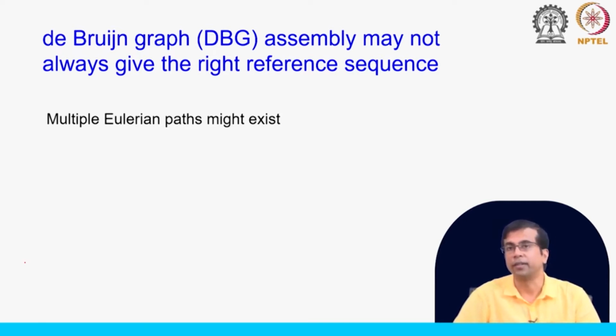It is not necessary that you will have just one unique path; you can have multiple Eulerian paths, and we will see in an example that these multiple paths can give rise to different reference sequences. Again, these highlight the limitations of the assembly algorithms, and it is good to know this, because then we can think about ways to address these issues.